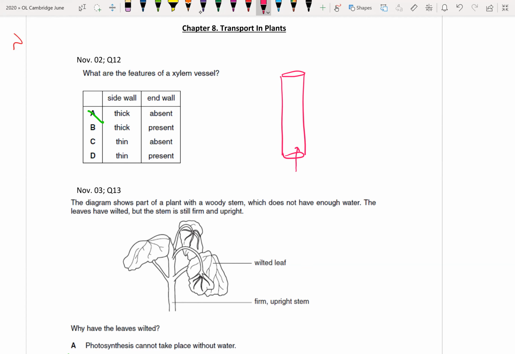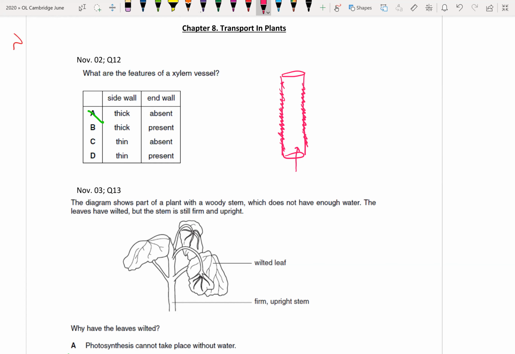The walls have become impermeable because we've added something called lignin. So it's a hollow tube because all the contents have been removed, and the side walls are thicker because they have the lignin which makes them impermeable. Therefore, side walls are thick and end walls are absent.